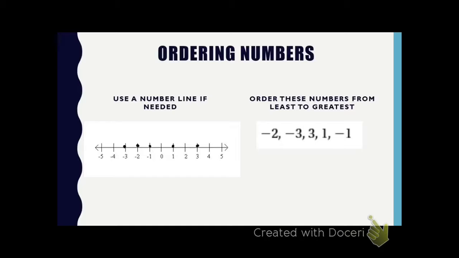Now all you have to do is list them. Least is the furthest to the left. And I've got them all in order. Using a number line is really easy. Now, some of you that are more comfortable say, I really don't need the number line, Mrs. Smith. I can do it without it. Well, that's fine. But the number line is a great way to picture it if you're just doing negative numbers for the first time.